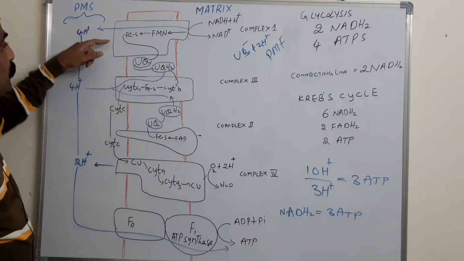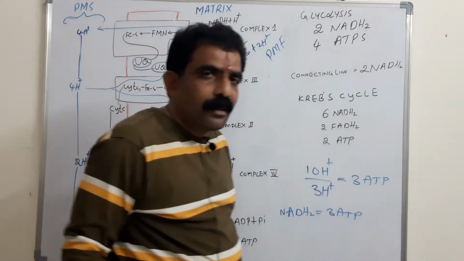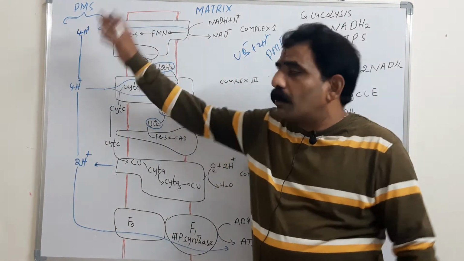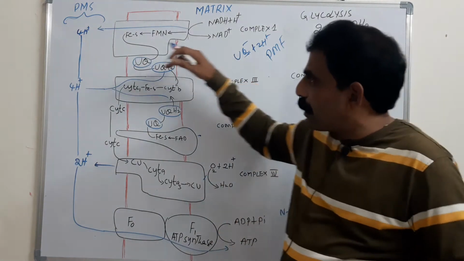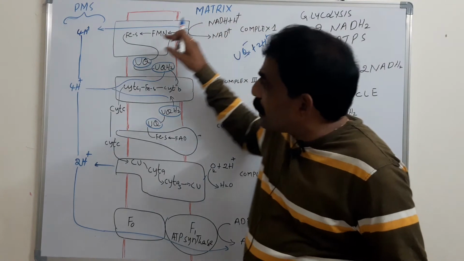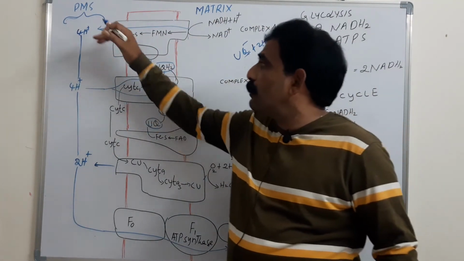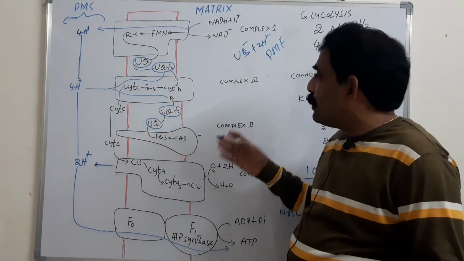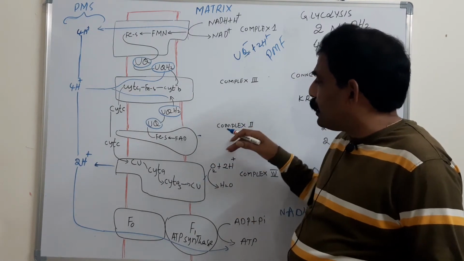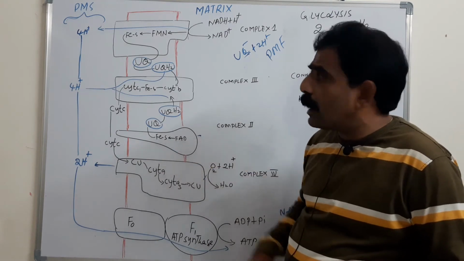So here, these 4 protons we miss in the case of FADH2. These 4 protons are not pumped out from the mitochondrial matrix into the perimitochondrial space, because if FADH2 entered the electron transport system through complex 1, then those 4 would be pumped out. But here FADH2 enters through complex 2, not complex 1.